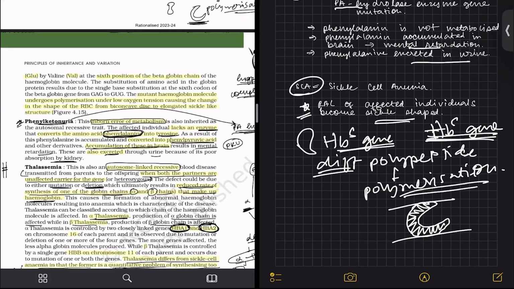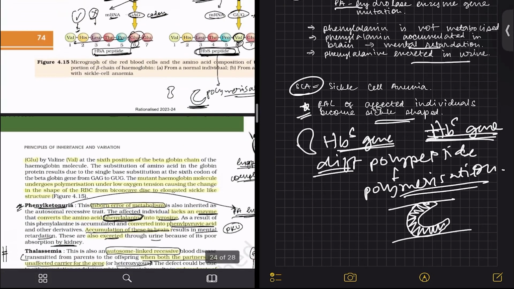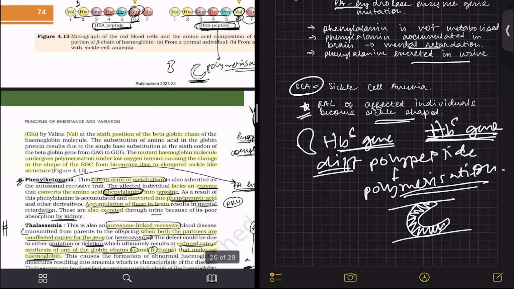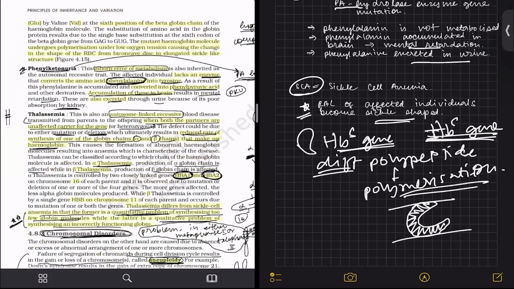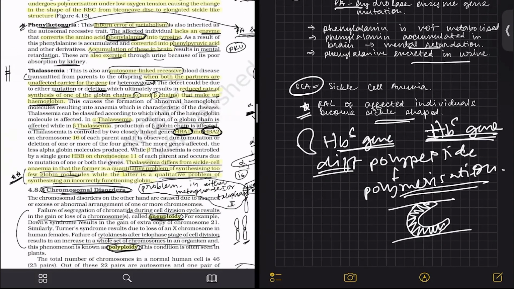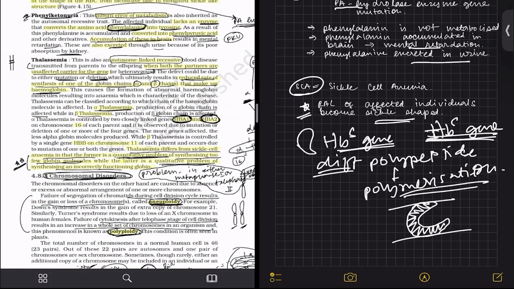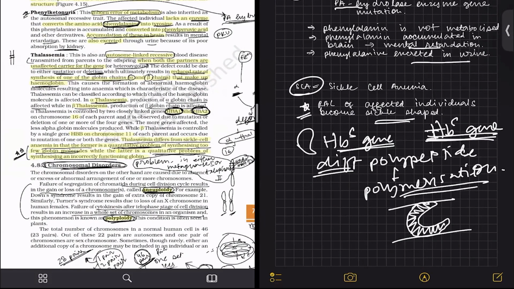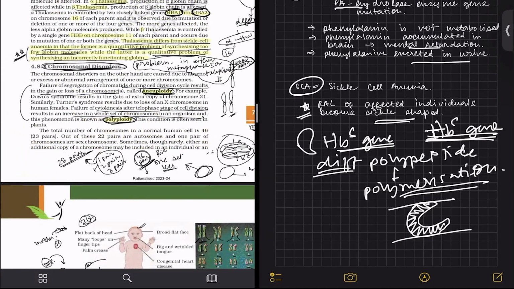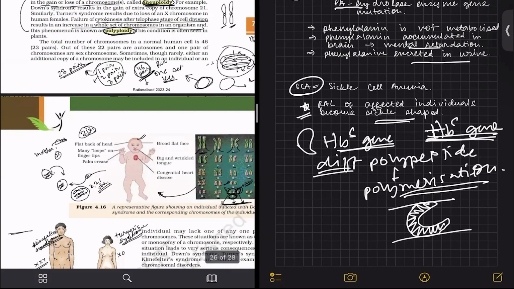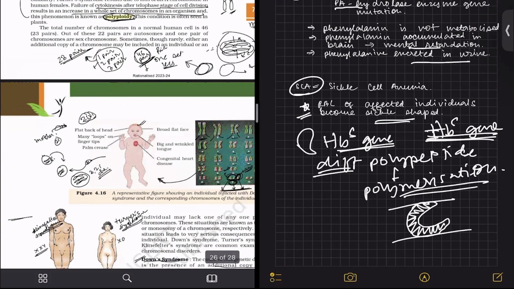So in some parts you might have to refer to external resources, or you can just search it on Google to have some more information too. But ultimately, restrict your preparation to what is given in NCERT, and try to read it again and again and again. The more number of revisions you do, the better grip of that chapter you will have.